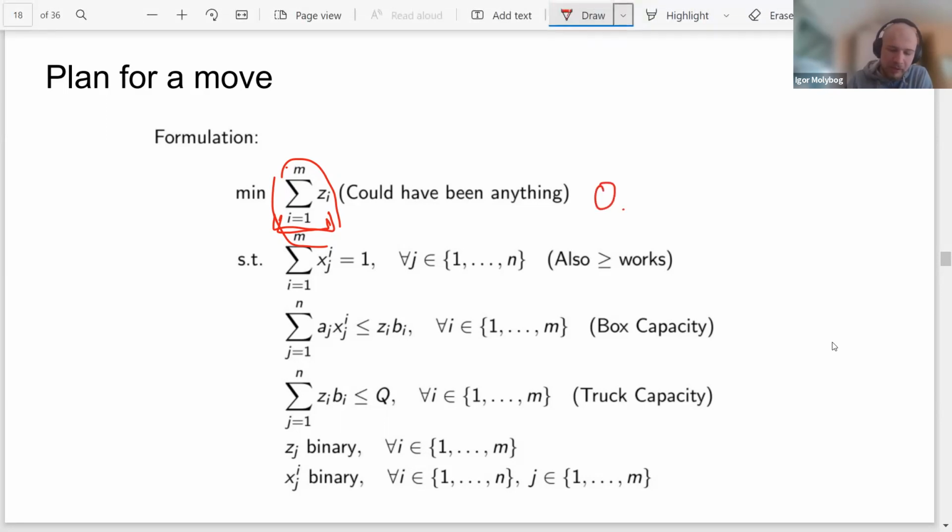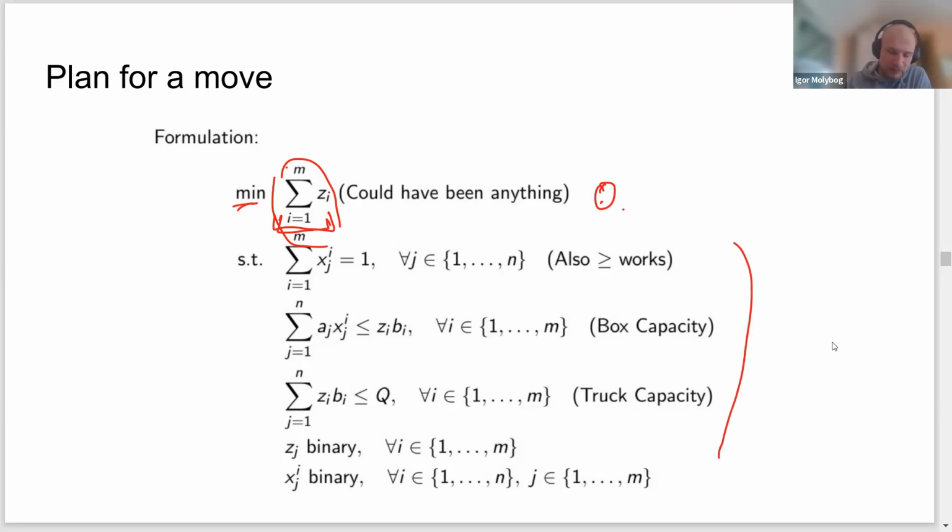If we minimize 0 over a feasible set, it gives us 0. If we minimize 0 over an infeasible set, that would give us plus infinity. So just by minimizing 0, we could see if the problem is feasible or not, which is the only question we are asked here.